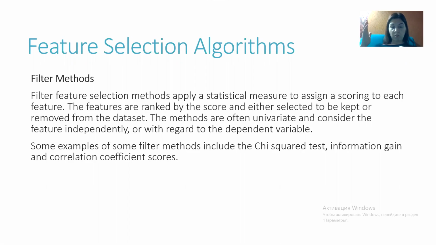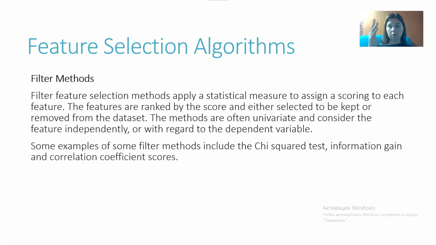The features are ranked by the score, for example the Fisher criterion value, and either selected to be kept or removed from the dataset. The methods are often univariate and consider the feature independently or with regard to the dependent variable. Some examples of filter methods include the chi-square test, information gain, and correlation coefficient score.